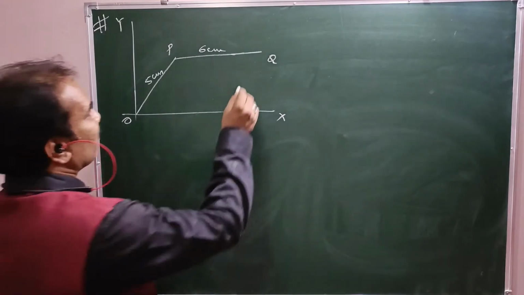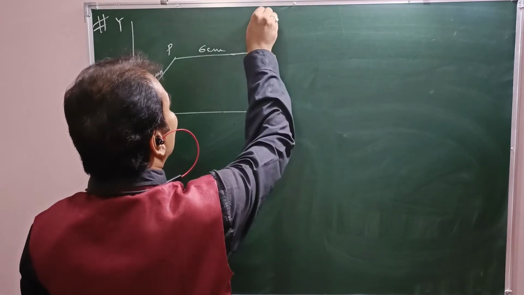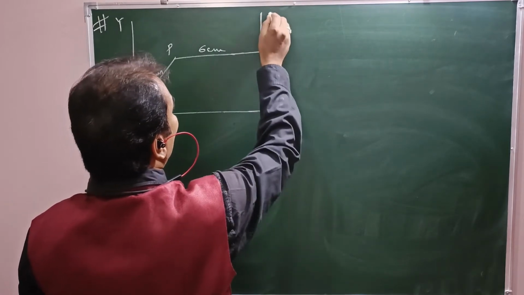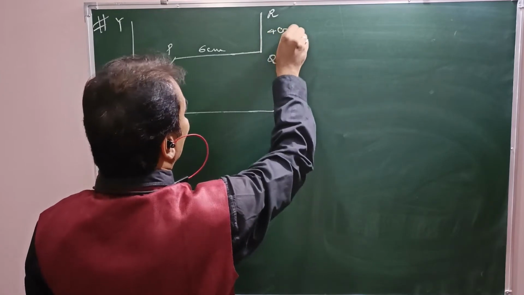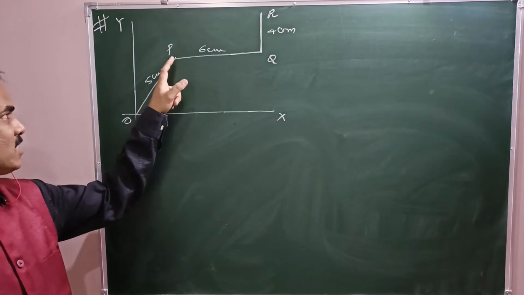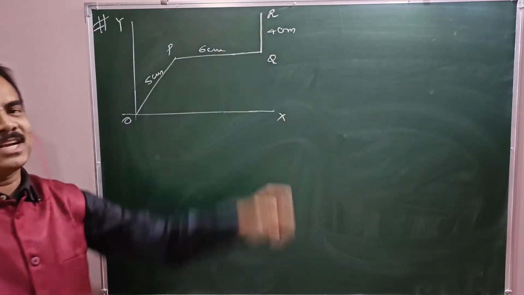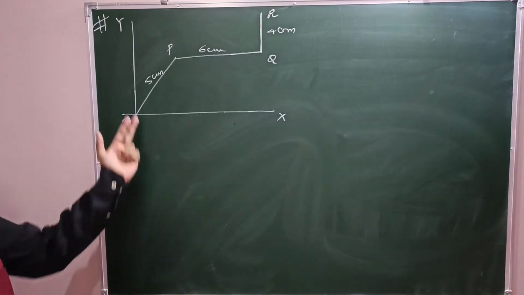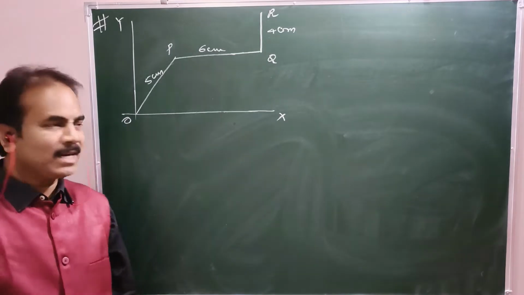And finally from Q to R it covers a distance of 4 centimeters. See here, O to P 5 centimeters, P to Q 6 centimeters, and Q to R 4 centimeters. This is the path followed by the particle. Now find the total displacement of the particle.